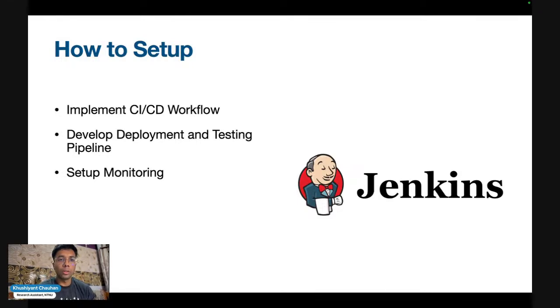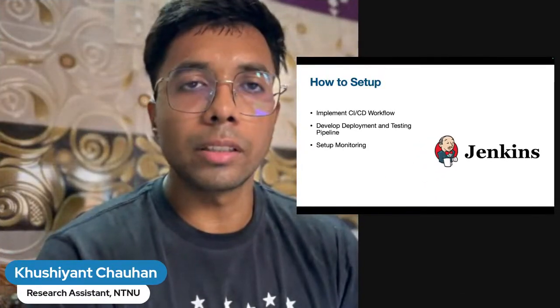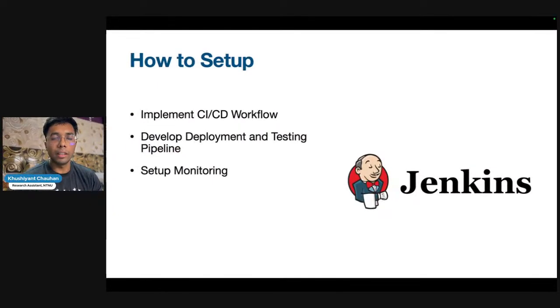It works really well with various tools and has great community support. What Jenkins does is basically implement the CI/CD flow. Next, we can write our testing or deployment configuration of the flow. It can also be used to set up monitoring. We can add the agents of Datadog into Jenkins, and that's how it works.